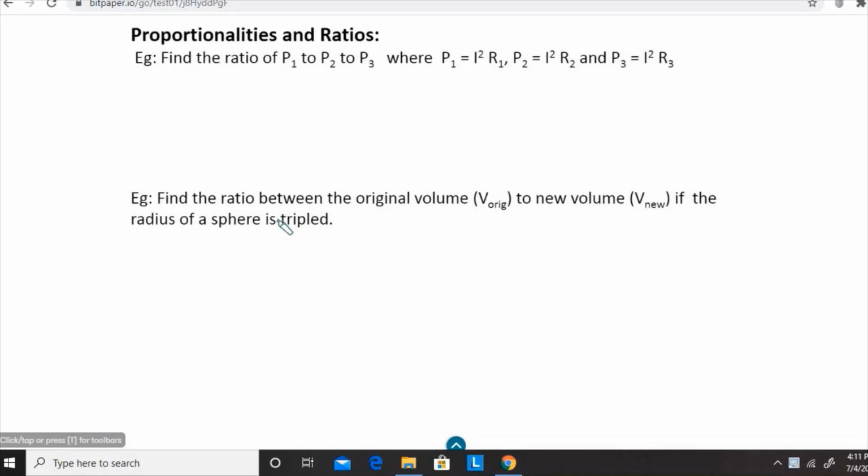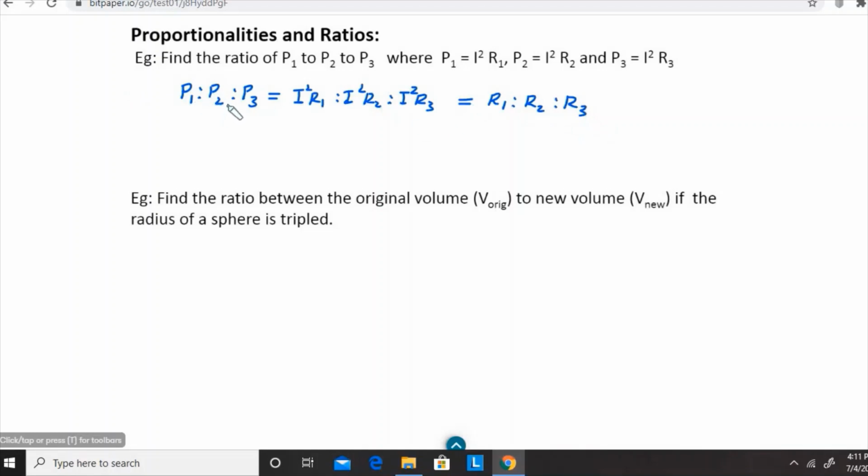So P1 to P2 to P3 can be written in this way: P1 to P2 to P3, and then that's equal to I squared R1 to I squared R2 to I squared R3. So I squared is common, so what I can do is remove that I squared from the entire expression, and then I'll have R1 to R2 to R3. So that's one way of writing it.